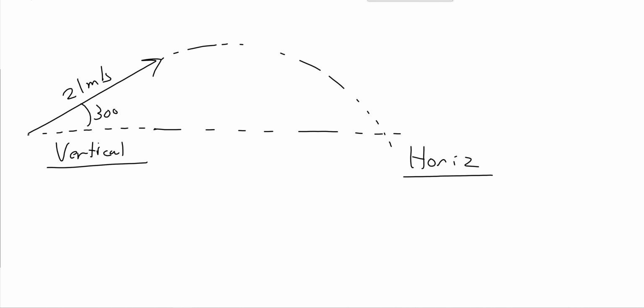Now, as it stands, that 21 meters per second contains a horizontal component and a vertical component. The vertical component of this is going to be the initial vertical velocity, because that's all they tell us. It was thrown like this.